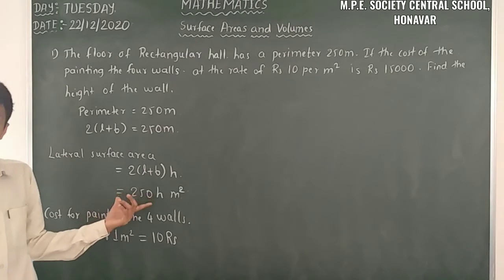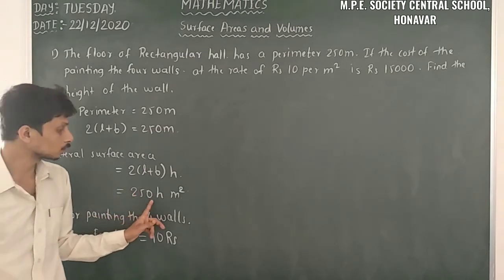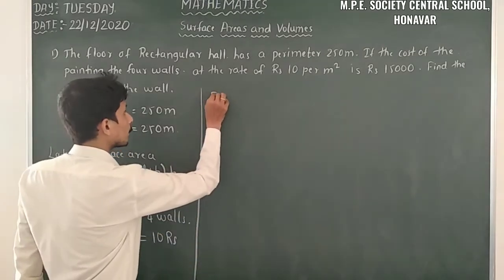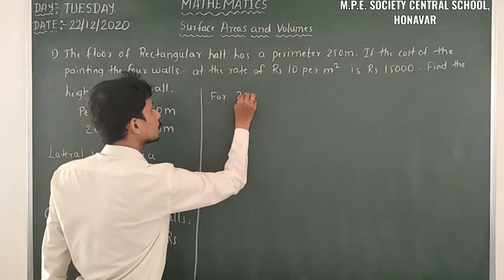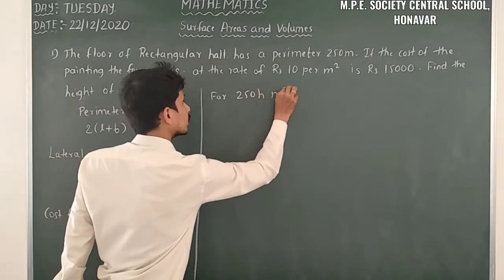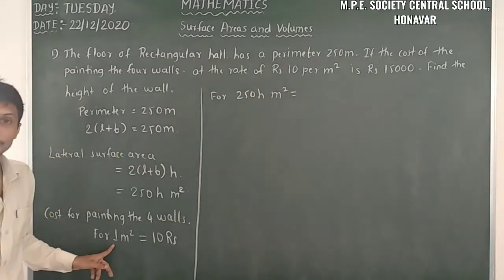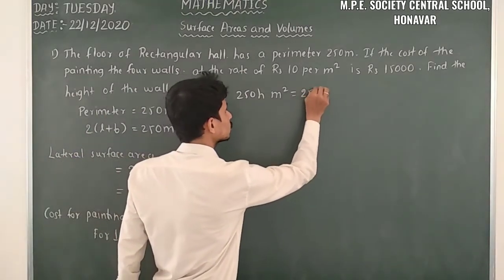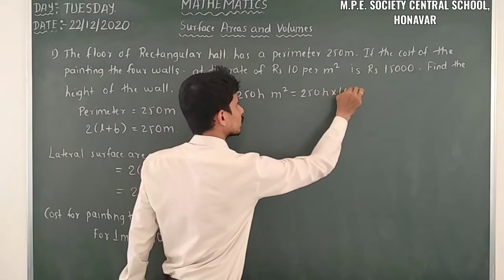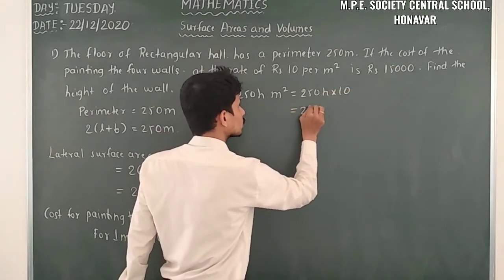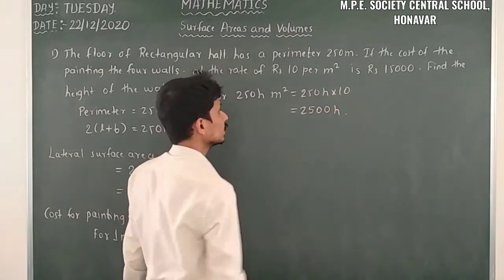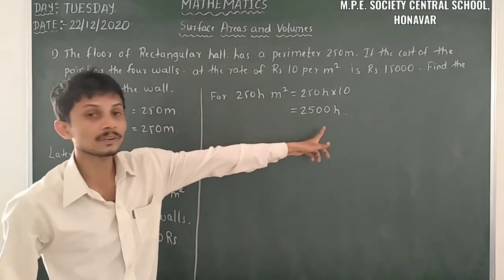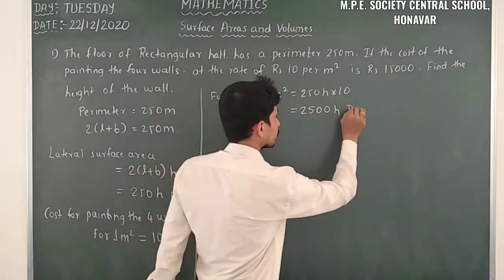Then totally how many meter square do we have? 250 H meter square. So for 250 H meter square, we multiply 250 H into 10, which is 2500 H. That is, for 250 H meter square we need 2500 H rupees.